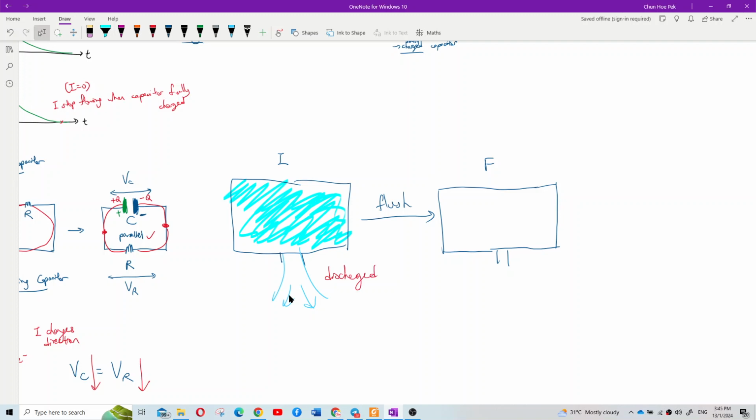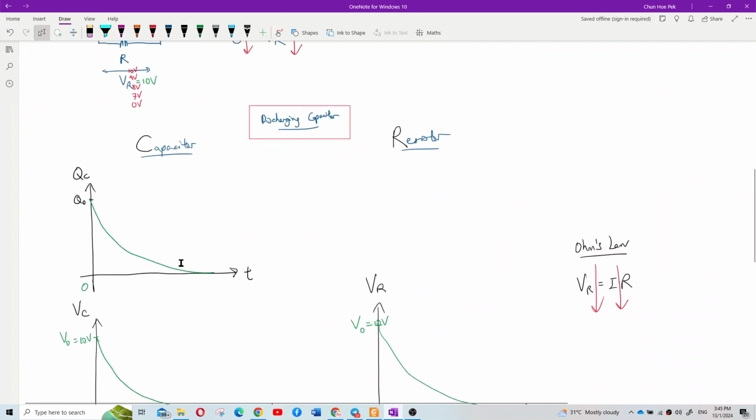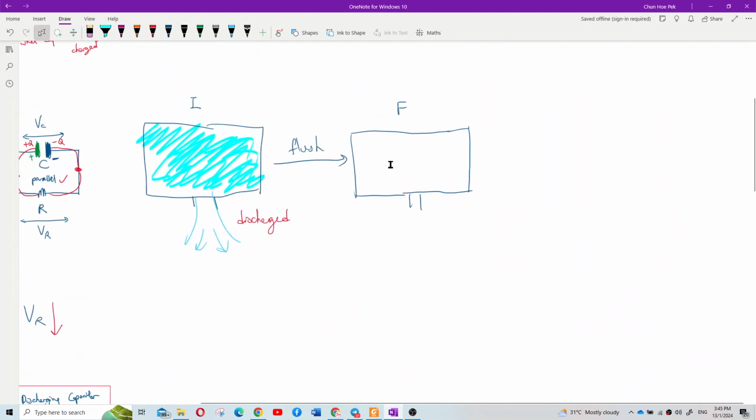Kalau air semua sudah keluar, tiada setitik pun dalam tangki air, so that means it become the empty capacitor already, kan? No more charge. The charge becomes zero. Masih ada air tak? No more water, current becomes zero. Understand?